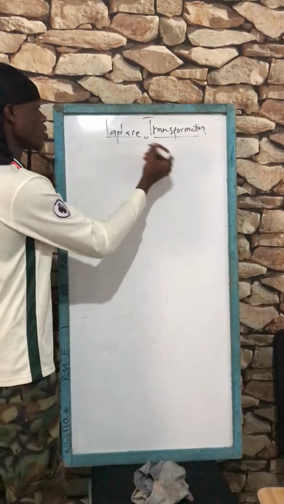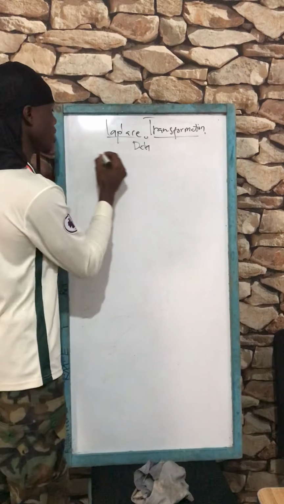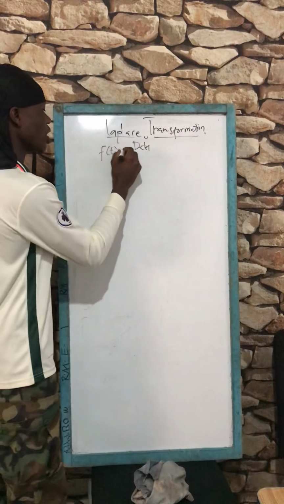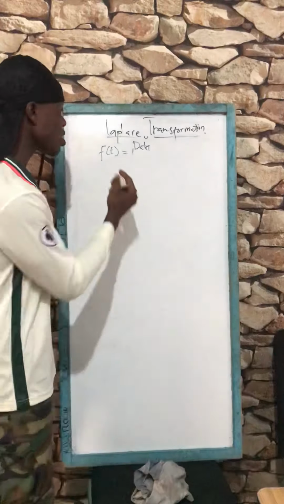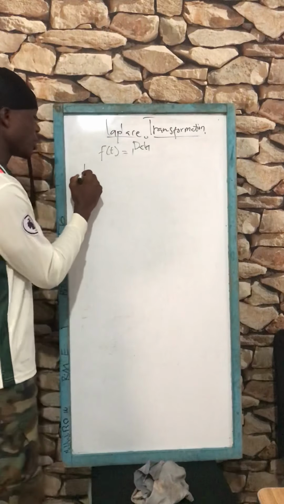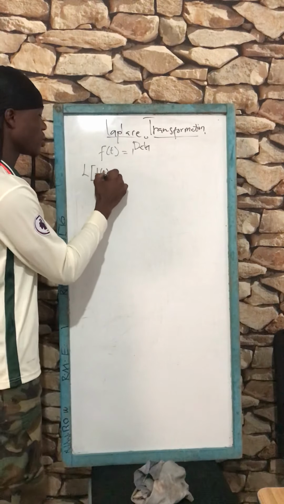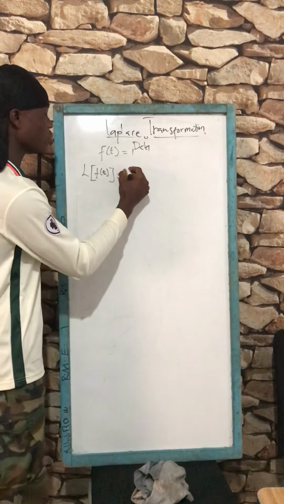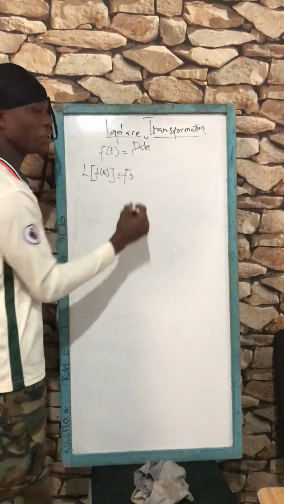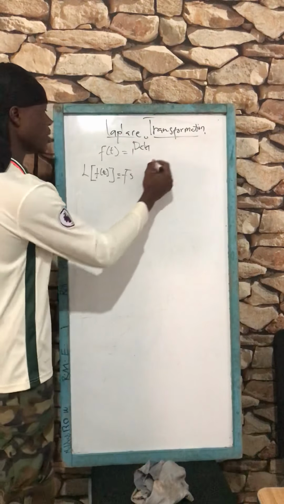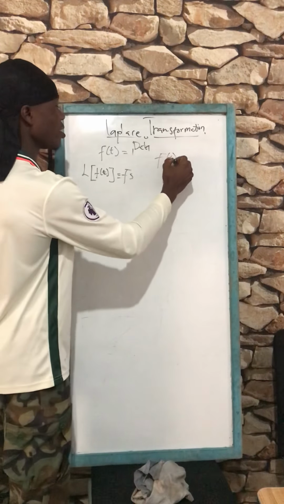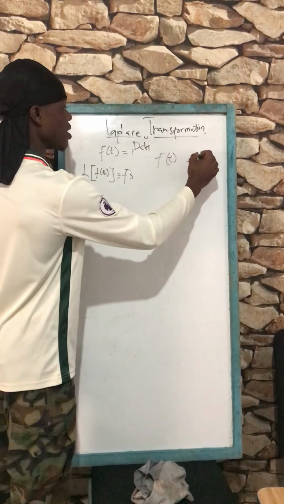Okay, our data is that they said f of t is equal to 1. So we quote our Laplace formula. Laplace of f of t, if you remember, is equal to capital F of s. Sorry, I didn't define this. We have small f of t and capital F of s.